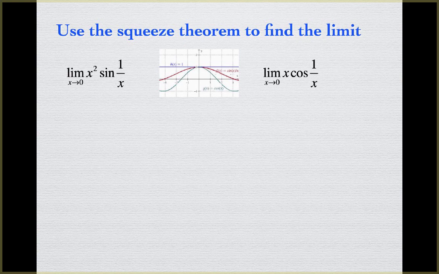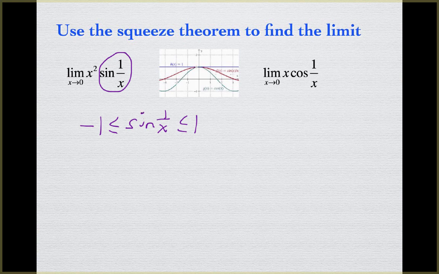To do this, we should know that the sine of 1 over x, if you put in numbers for x, the sine function is bound between -1 and 1, as long as we aren't changing anything with the amplitude and there's nothing multiplied in front of sine x. We know the sine of 1 over x has to be between -1 and 1. Okay, this we know.